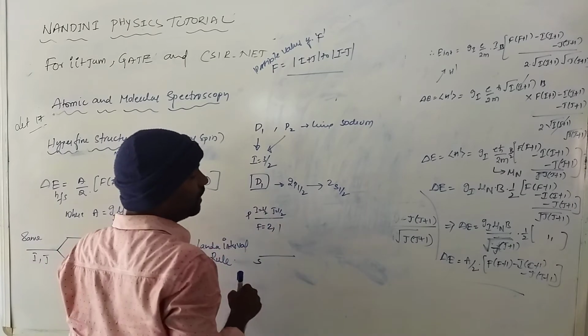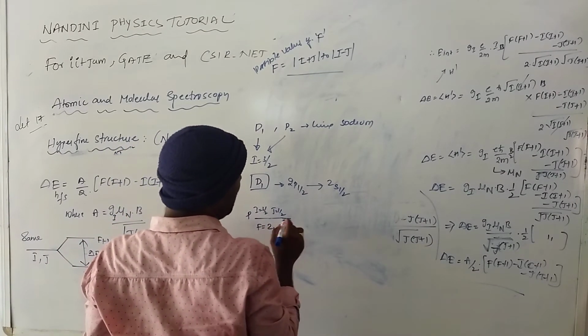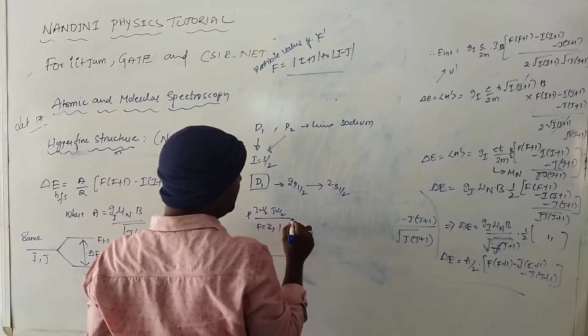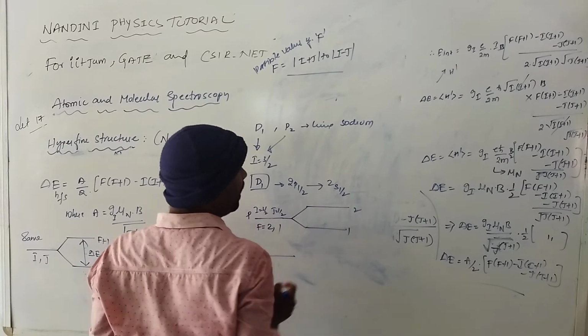So you will get 2 and 1. That means the p state will be split into 2, F equal to 1 and 2, the higher state.